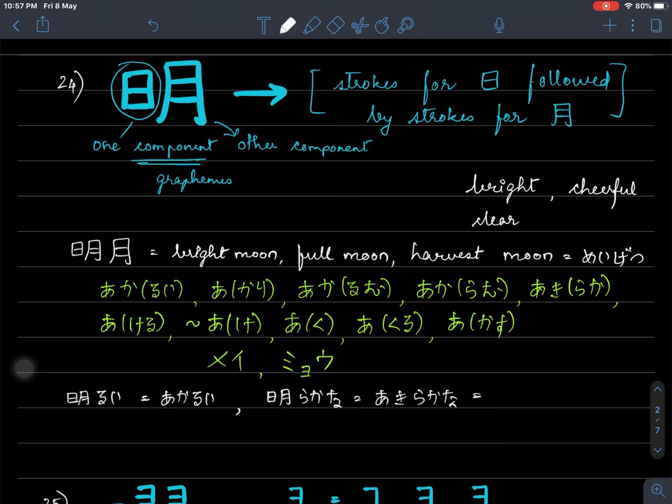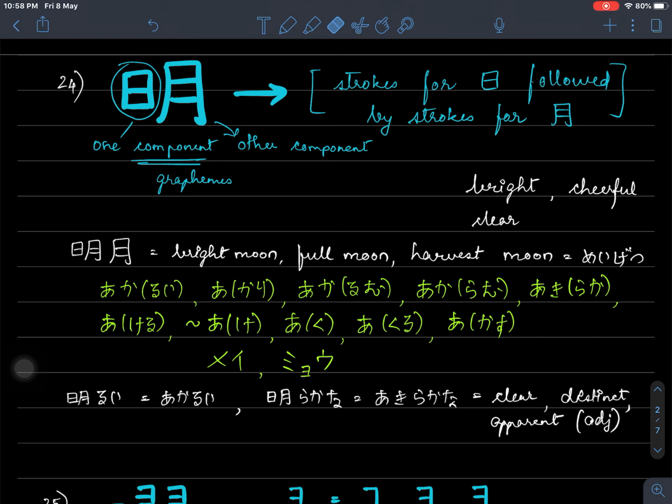Akirakana, which means clear, distinct, apparent. And this is an adjective, a na adjective. And similarly, you can have a derivative of this.